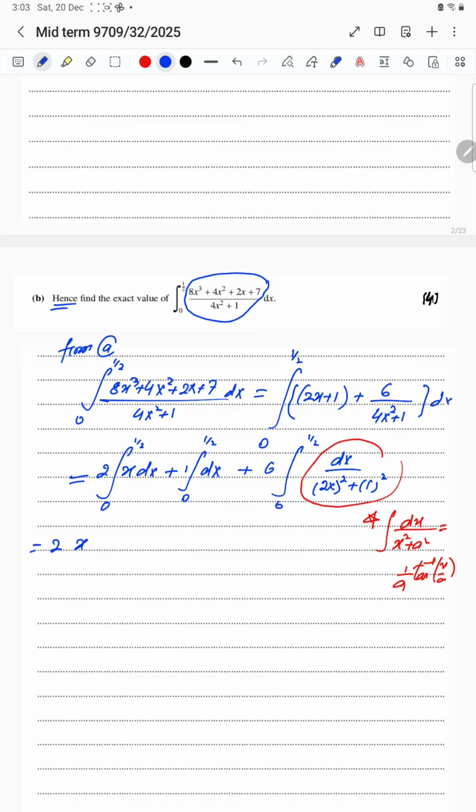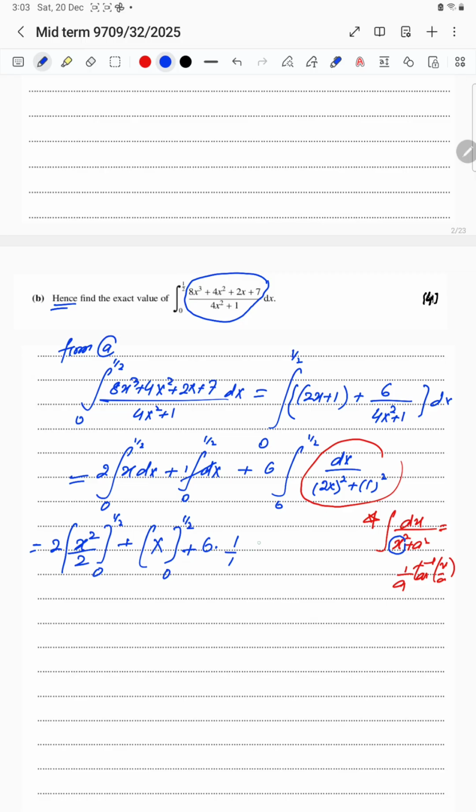So this will be 2x square by 2. I apply the limit 0 to 1 by 2. Here it will be x dx, and this will be cancelled, 0 till 1 by 2, plus 6 times. Here a is 1, so 1 over a tan inverse of x over a. But here the condition is that the differential of this must be here. If it is 2x here, you need to multiply and divide by 2.